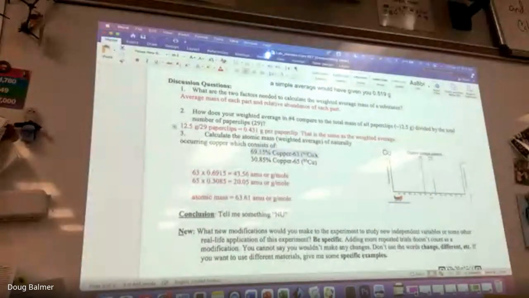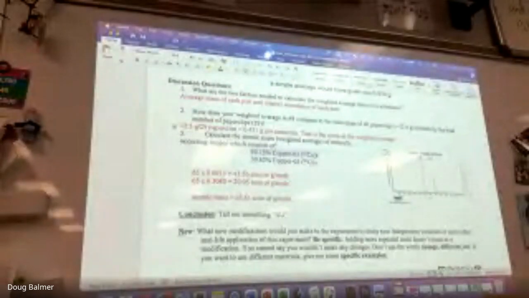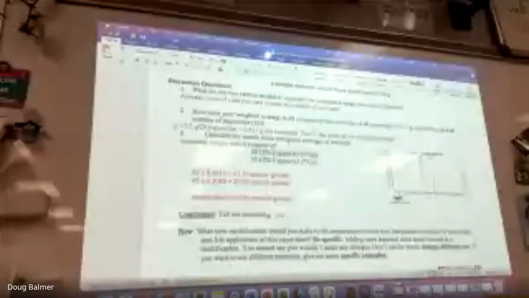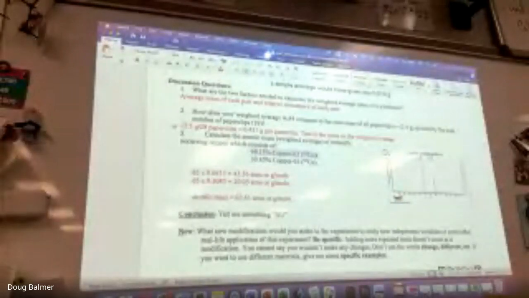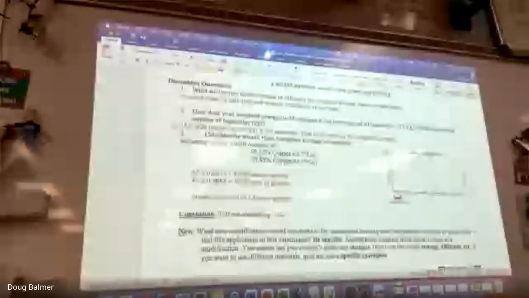Any questions how to get 63.61? What does that represent? So that's the portion of the average assigned to the 63 isotope. So if you take 69.15% of the number 63, this is the part of the average. So let me say it this way. Let's say that these are tests and quizzes.